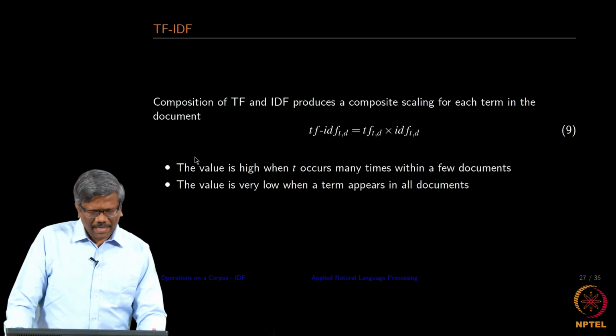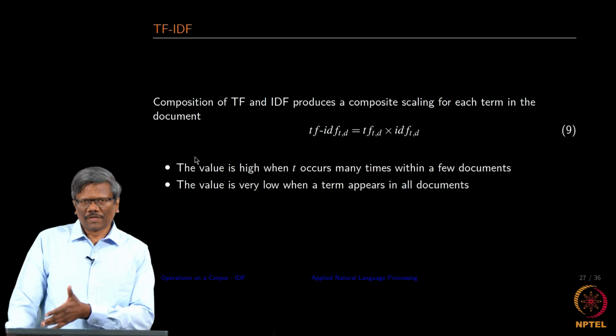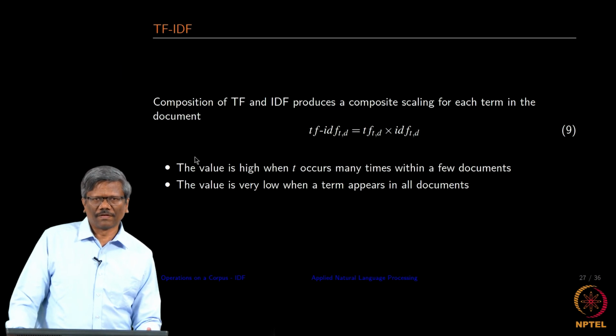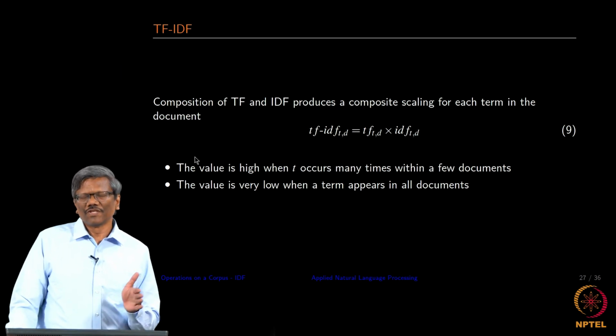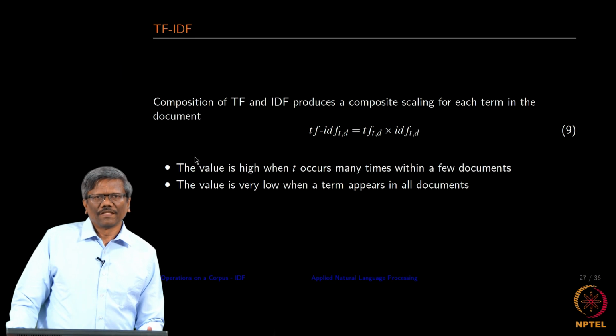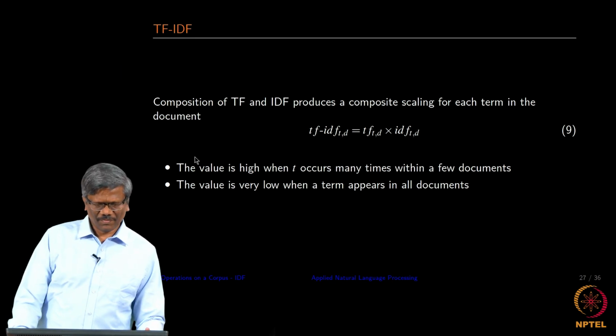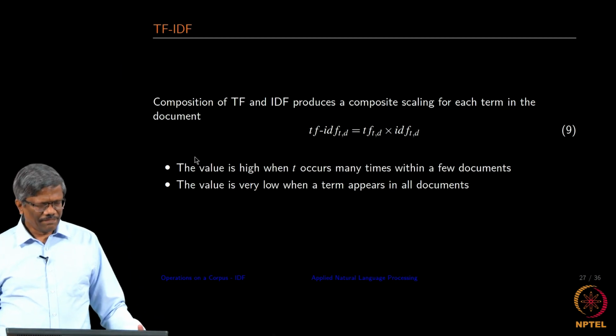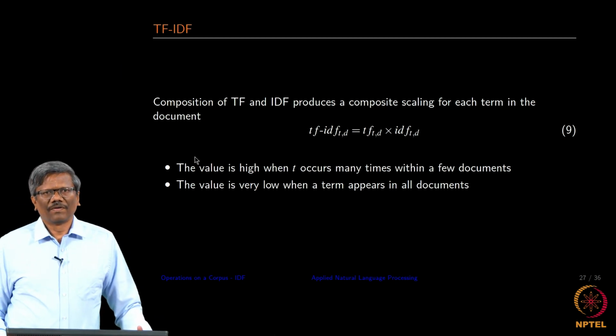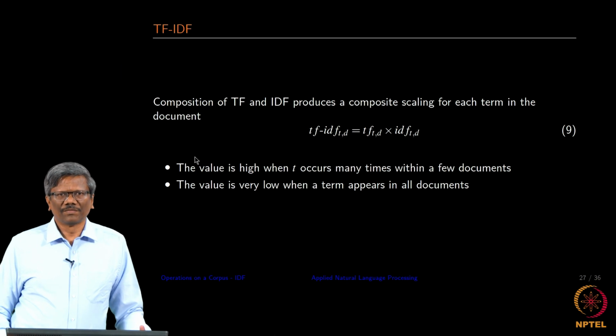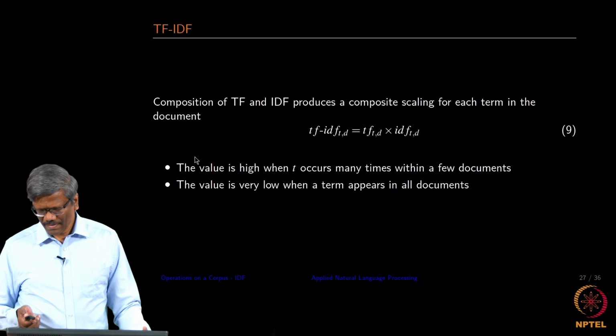In this case, the value of a term is very high if it occurs within a small set of documents. The value is very low when the term appears in all documents. So, that means TF IDF is a very standardized technique that we want to use in the corpus collection.